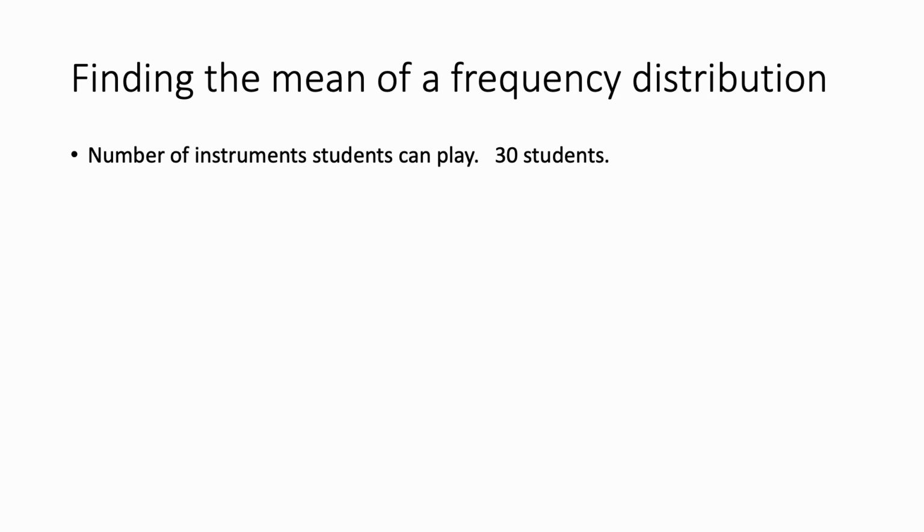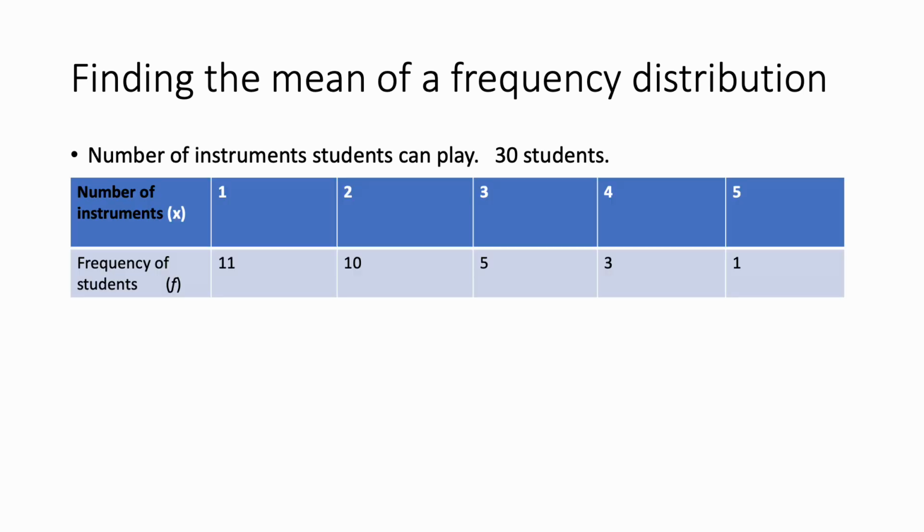So these answers are repeated. The most common answer, as you can see in the second column of this table, was 1, because the answer 1 was repeated 11 times, as you can see in the frequency row.